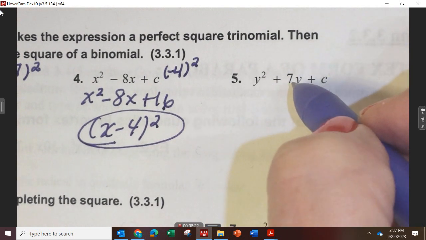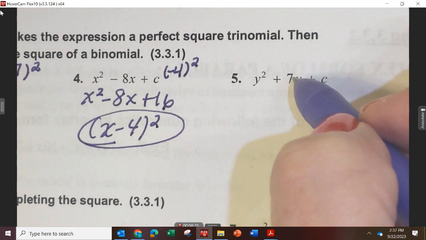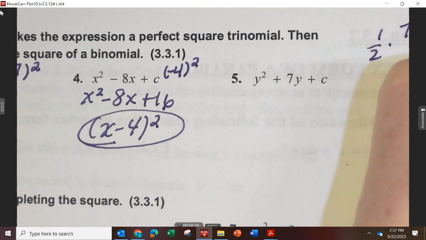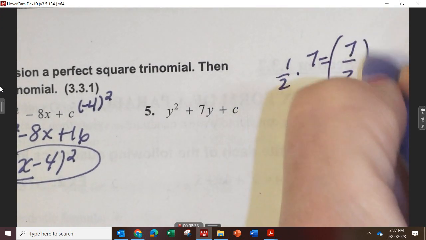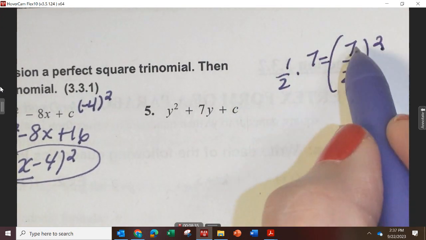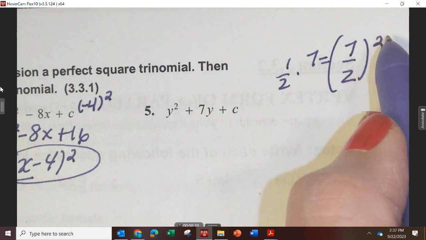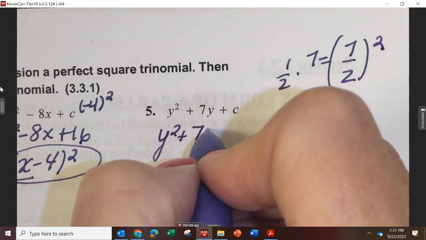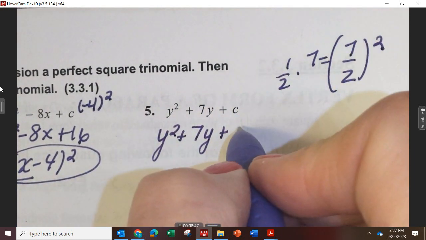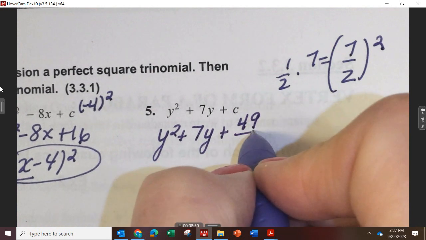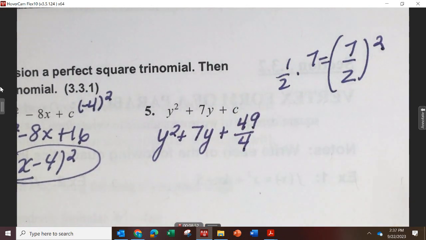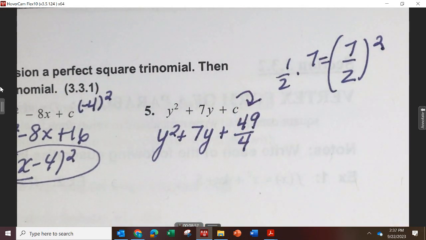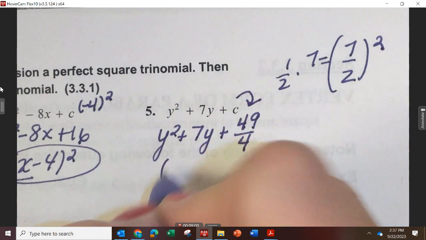When you take half of an odd number, I don't want you to put 3.5. Half of 7 can be thought of as 7 halves. And now you want to square that. To square 7 halves, you square the 7 and you square the 2. So what is c going to be? What do you get if you square both of those? 49 over 4. So that's what c has to be, 49 over 4, to make this a perfect square trinomial.